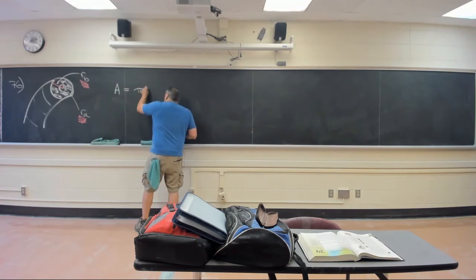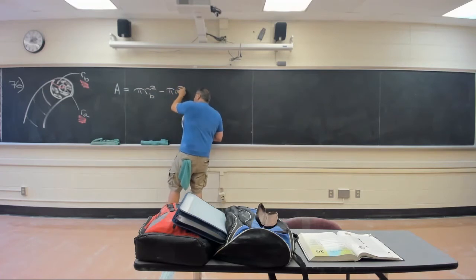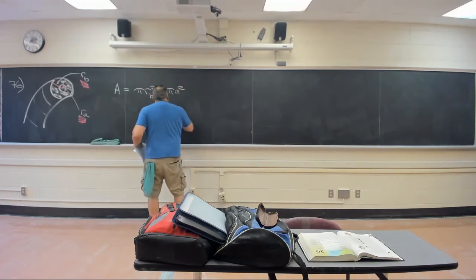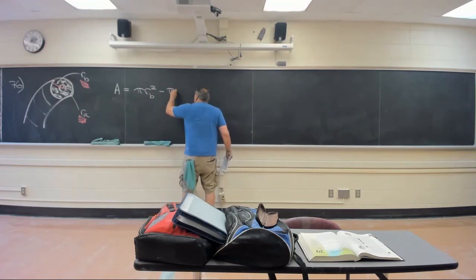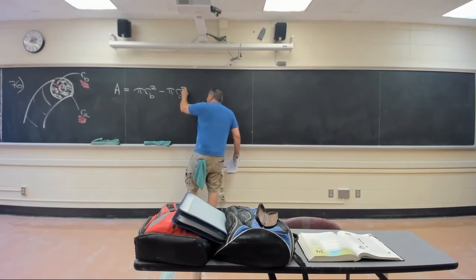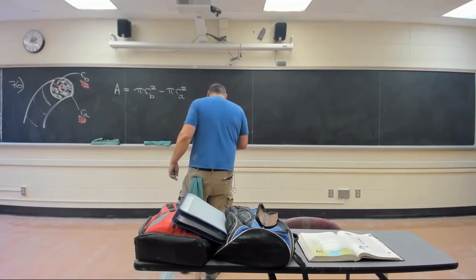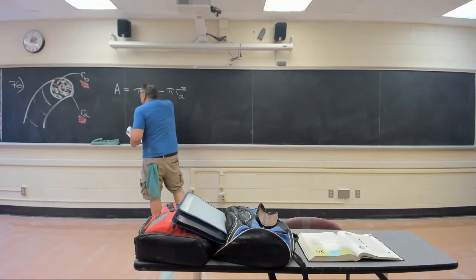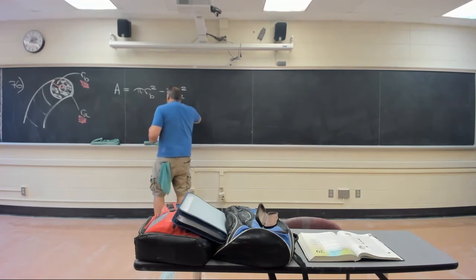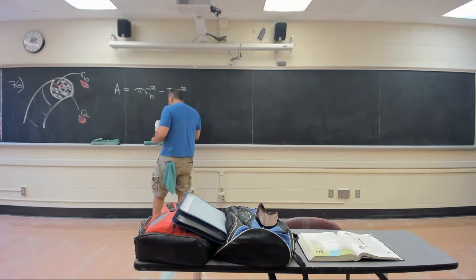A is pi r sub B squared minus pi r sub A squared. So pi r, the big radius is r sub B, the small radius is r sub A. Pi r sub B squared minus pi r sub A squared is this.